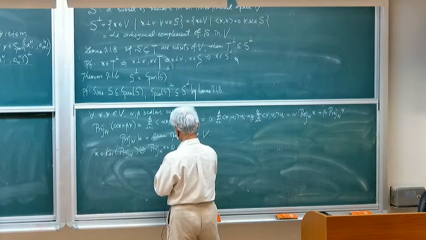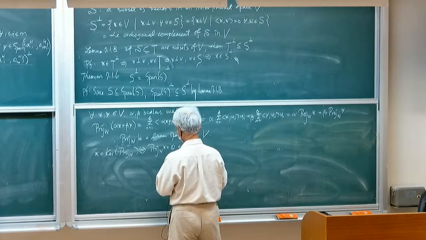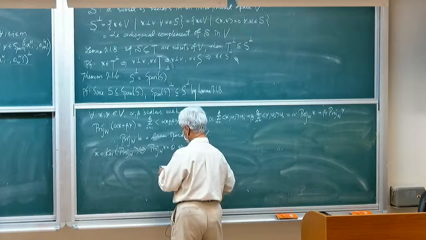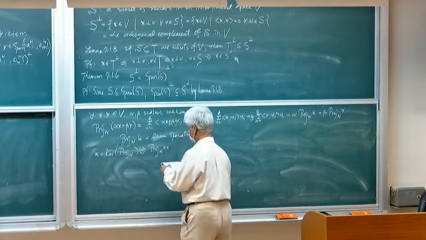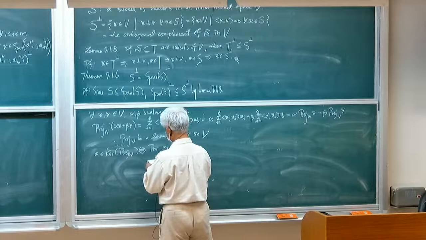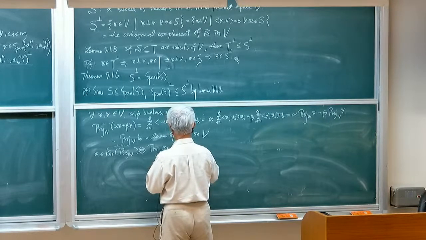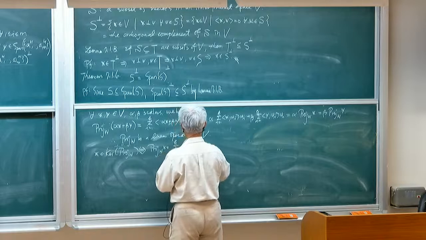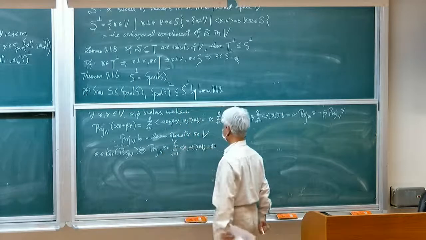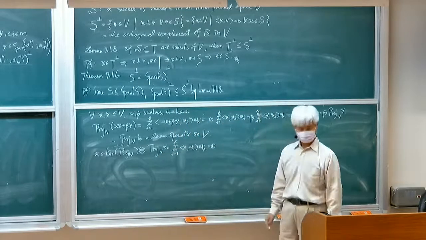So if and only if this projection, let me write it down, the sum over i from 1 to k is a zero vector. So this is a zero vector here.